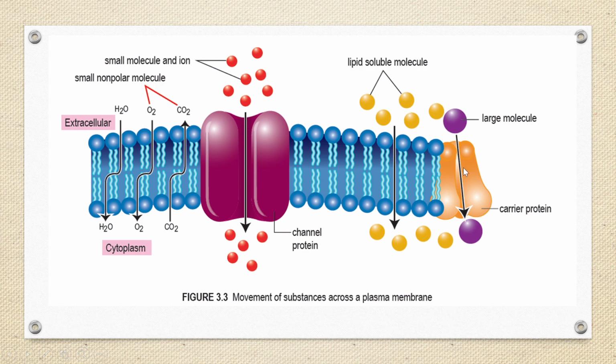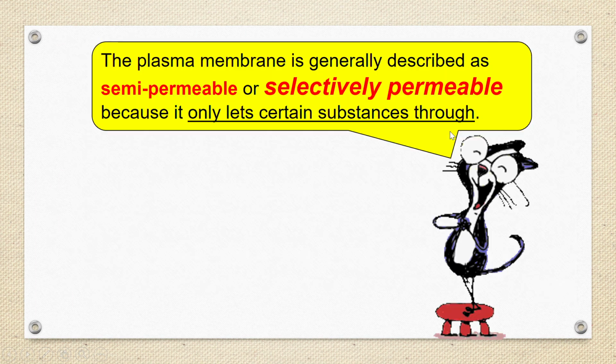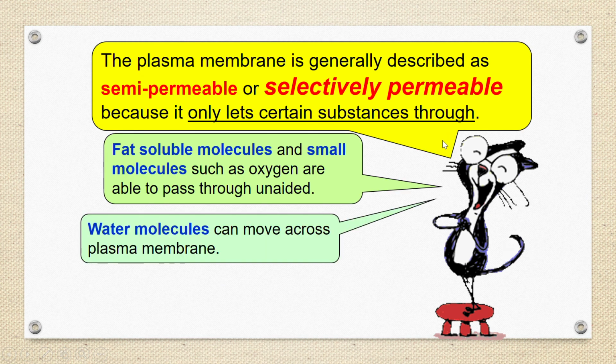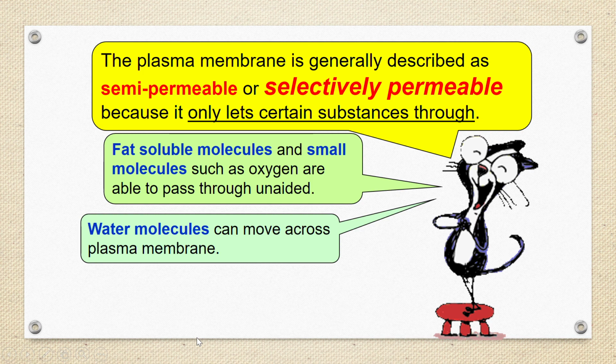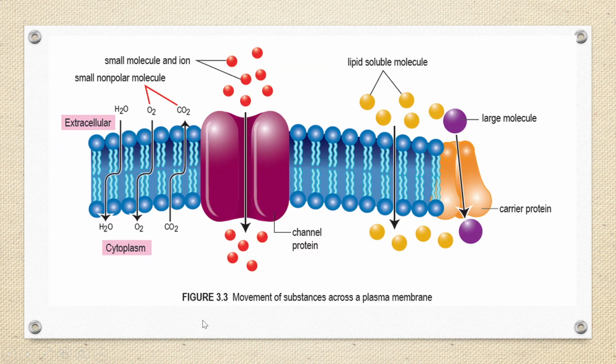They have to be aided by carrier protein. Why? Questions will ask you why. Then your reasoning is that these substances are too big to diffuse through. Kalau ions, they also need to go through a special pathway like carrier protein.